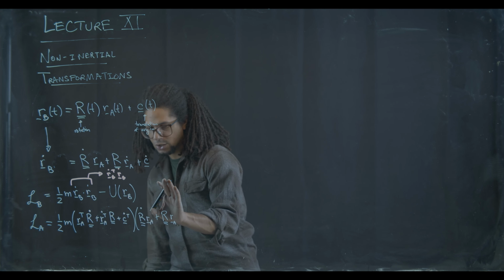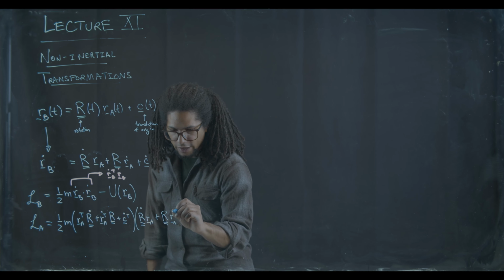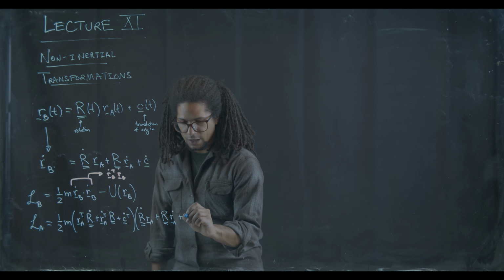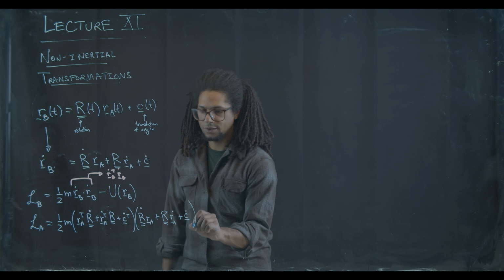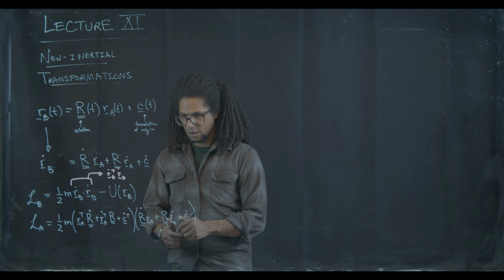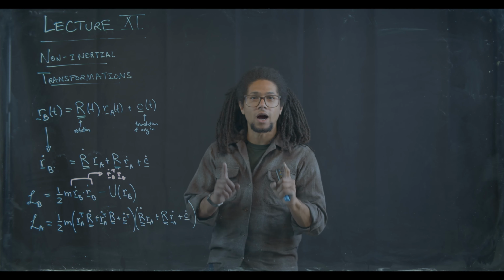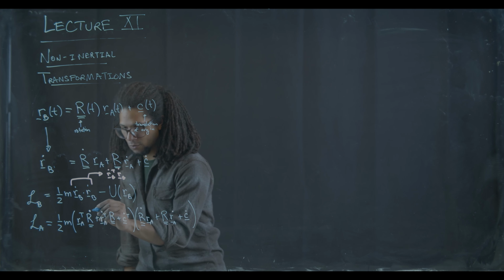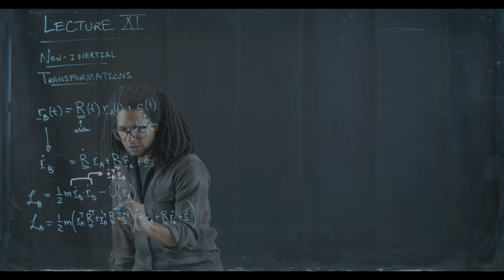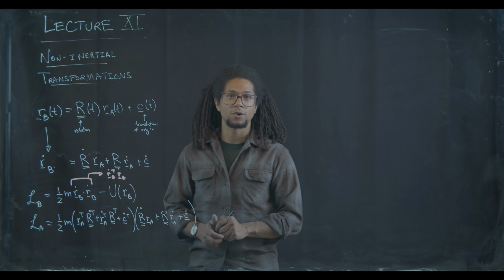This should have been just RA, then this is RA dot, good, plus C dot, good. Okay, and before I move on, I need to make one small correction. These matrices need to be transposed.